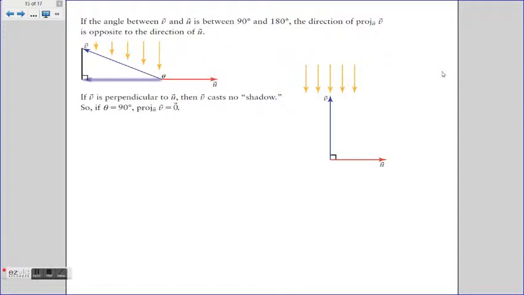The direction of the projection of V onto U is actually in the opposite direction of U. The final case is if U and V are perpendicular to each other, then V casts no shadow onto U whatsoever, as you can see here.